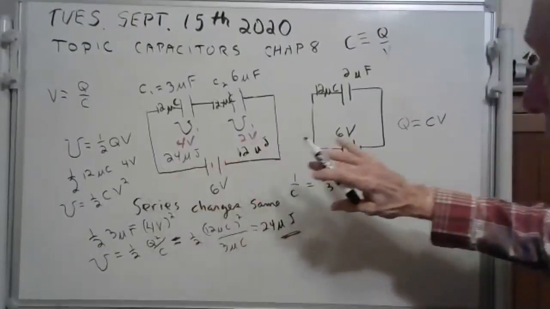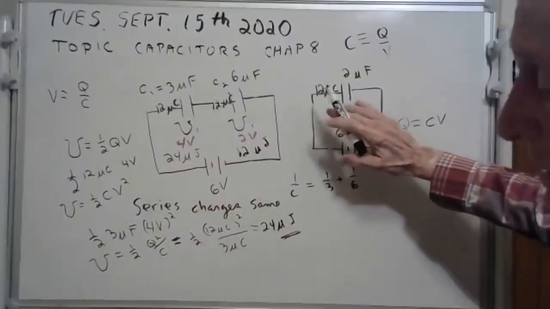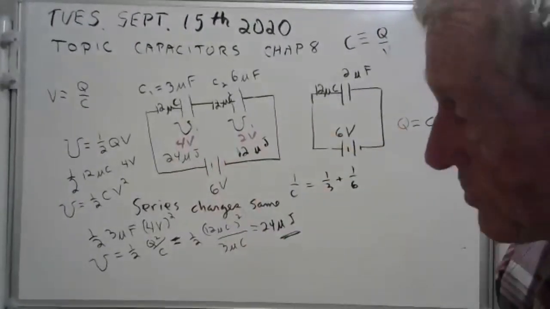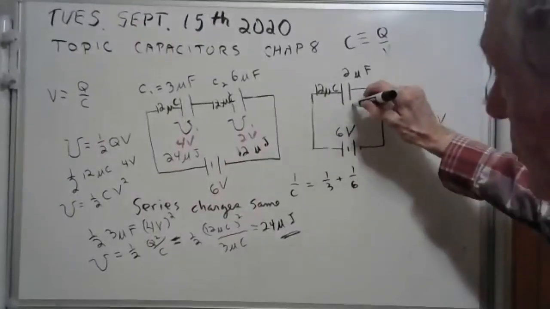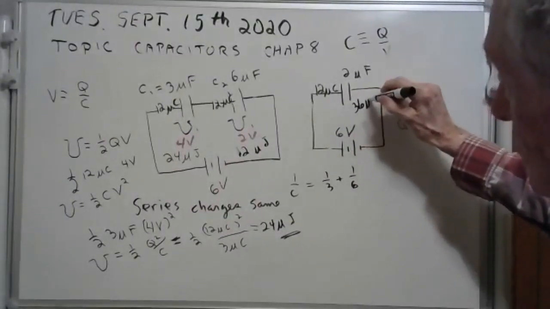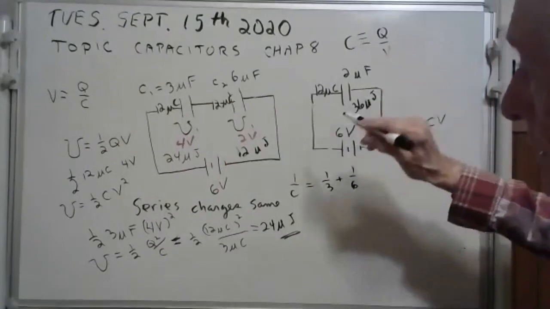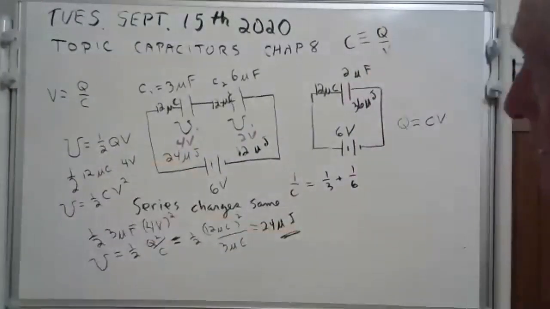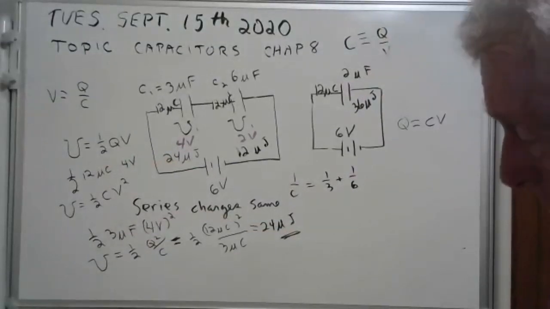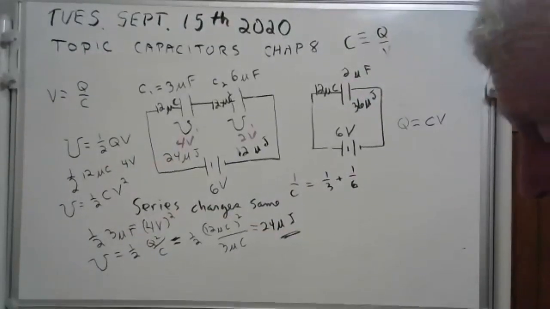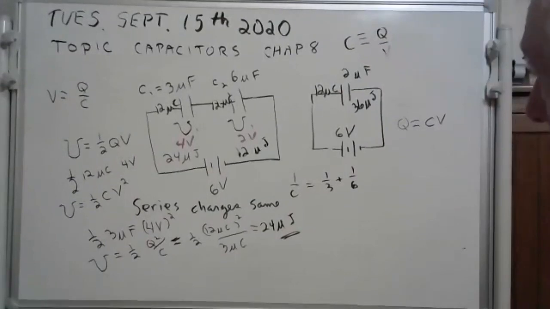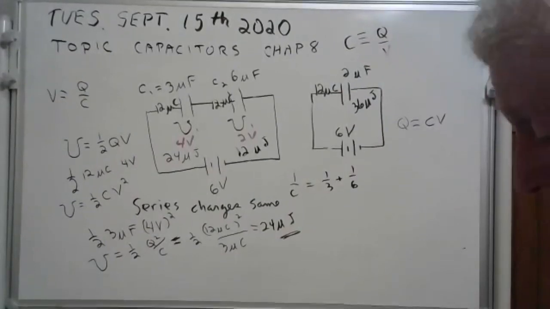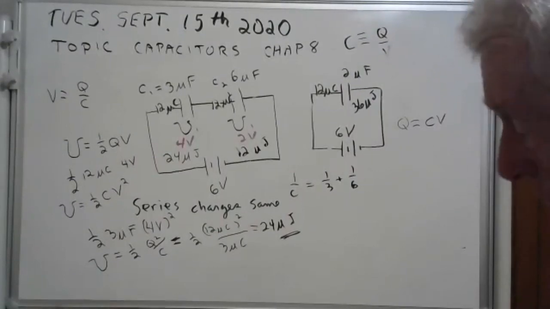It should be 36. In this equivalent circuit, we should get 36 microjoules. Let's see if we do. I'll take one of these equations, there's 3 of them. I'm going to take 1/2 times the 12 microcoulombs times the 6 volts.